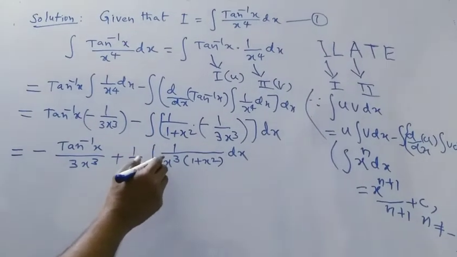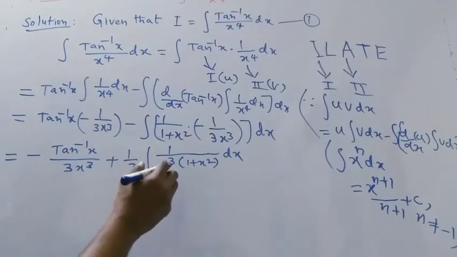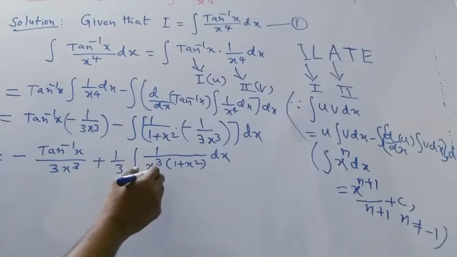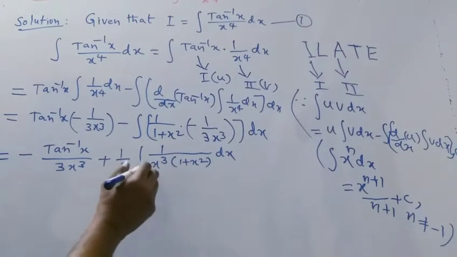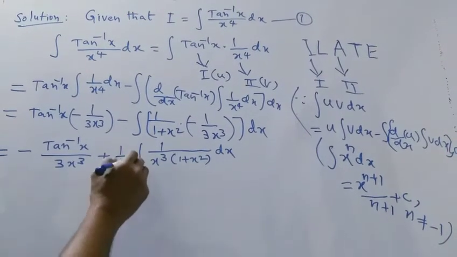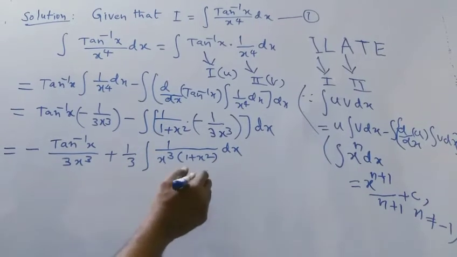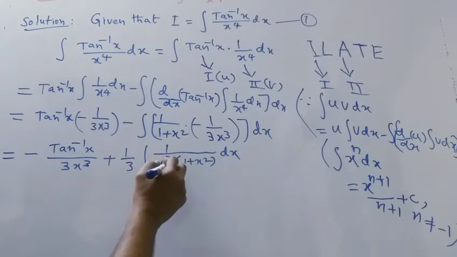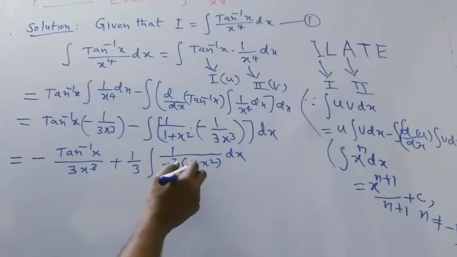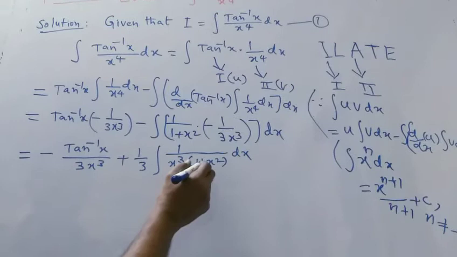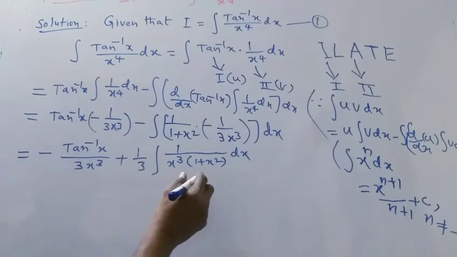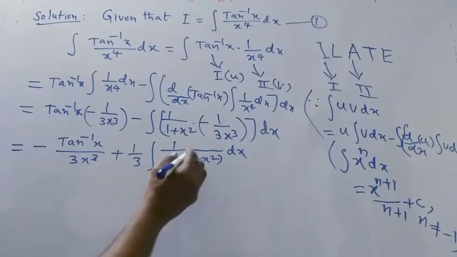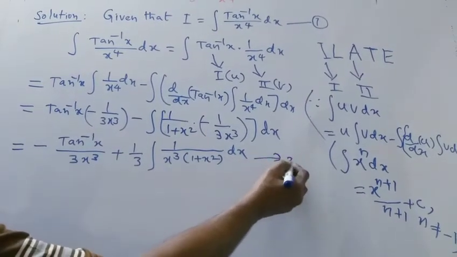By partial fractions we have to find the remaining terms, using partial fractions to find the terms for this fraction, 1 by x cube into 1 plus x square. So for this, this is the second one.